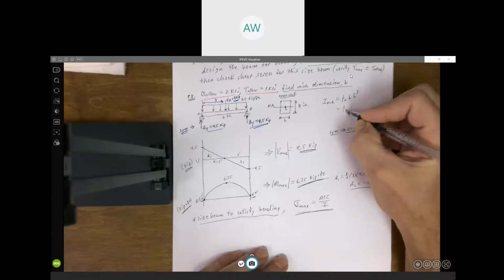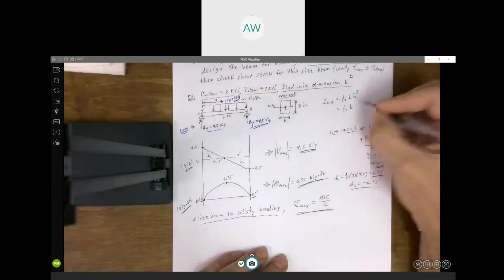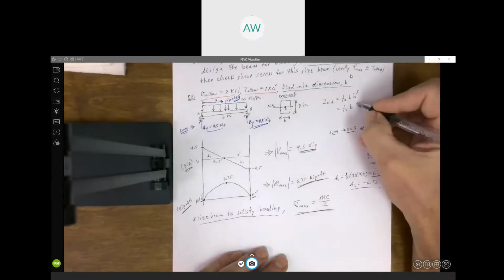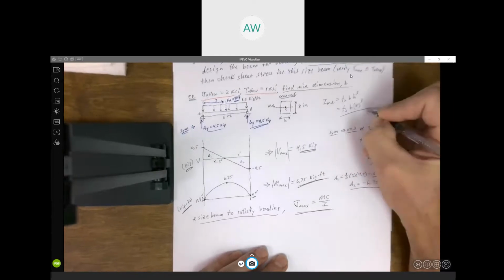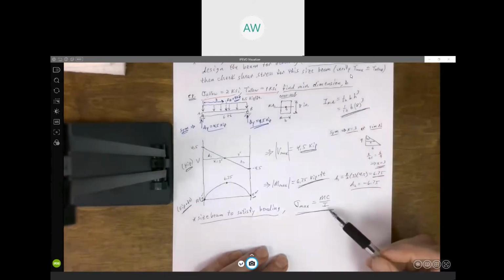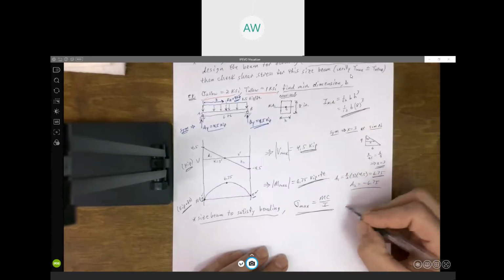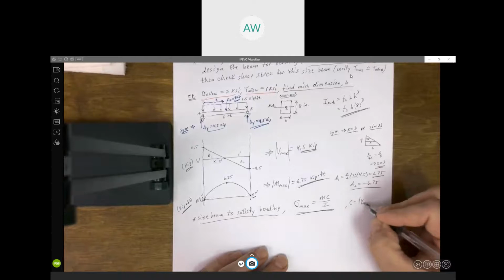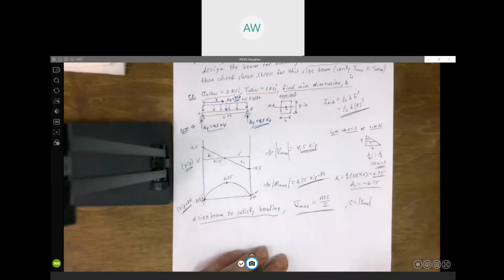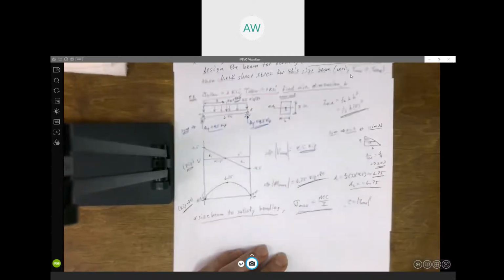So 1/12, our base b, that's what we don't know. The height is 8. So that's my moment of inertia for this particular cross section. Remember, c here is just the furthest distance you can get away from the neutral axis.